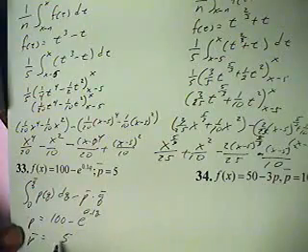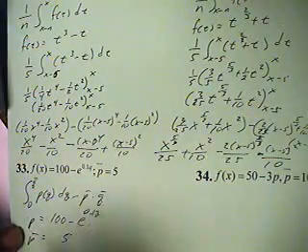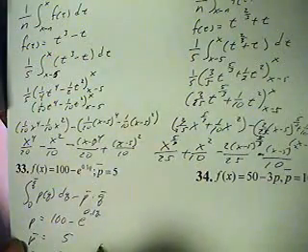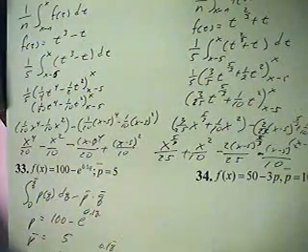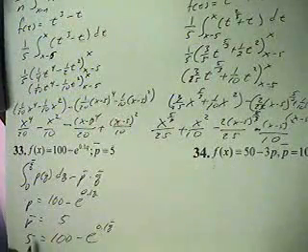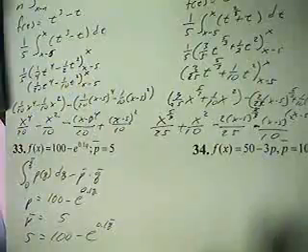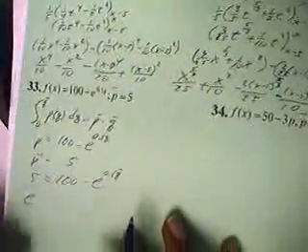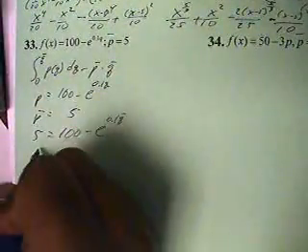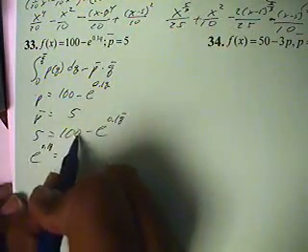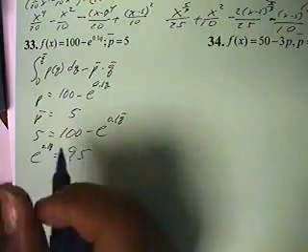So what I'm going to do is put the 5 in here for price. So current price is 5 equals 100 minus e to the 0.1 Q. That's your demand there. Now I want to solve for Q. So I'll bring e to the other side, 0.1 Q, and the 5 to the other side, which will give us 95.